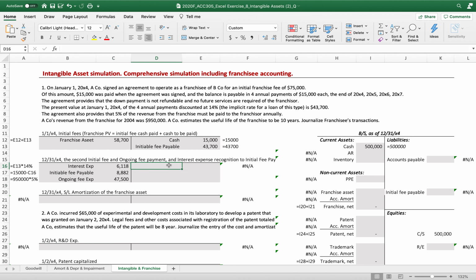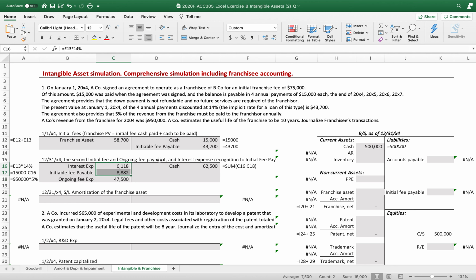That is the payment to the franchisor, company B. So the cash amount to be paid is the sum of these: 47,500 ongoing fee plus $15,000 of the initial fee payable, so 62,500. That is the cash amount.